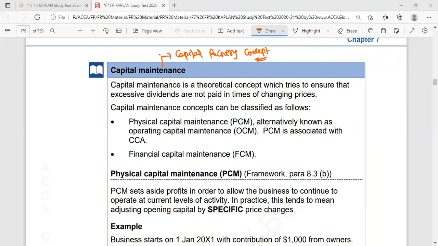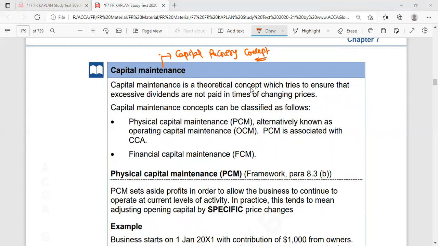It is an accounting concept based on the principle that a company's income should only be recognized after it has fully recovered its cost or its capital has been maintained.